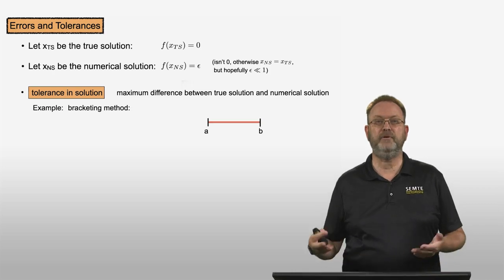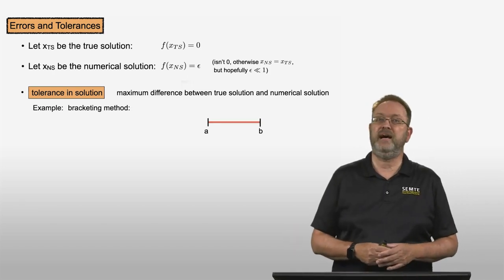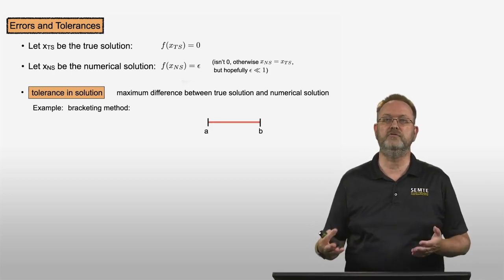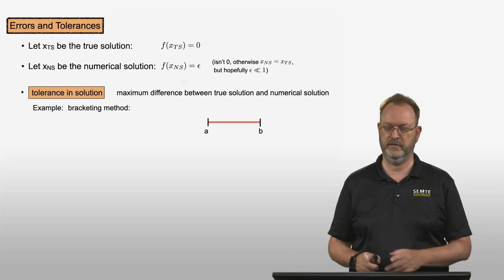So here's an example from a bracketing method. In a bracketing method, I know that the true solution is somewhere in this interval, in this red line.